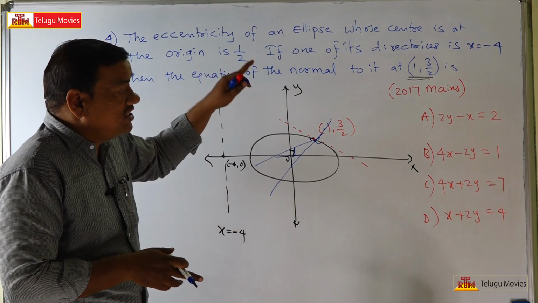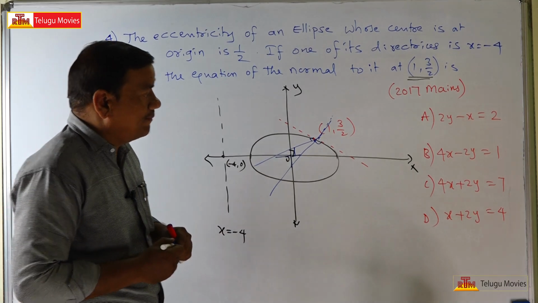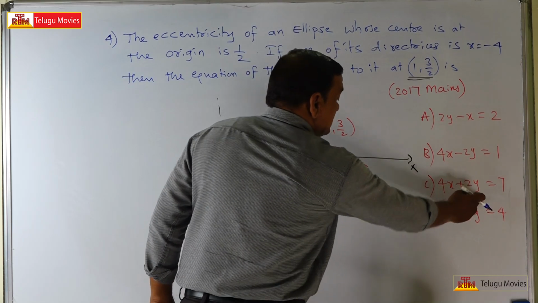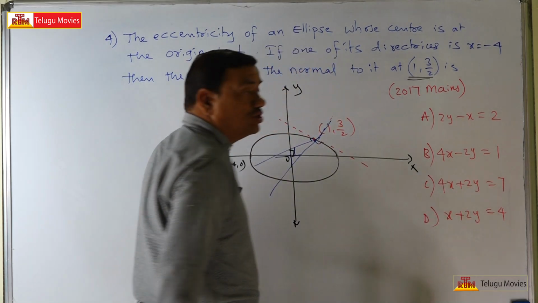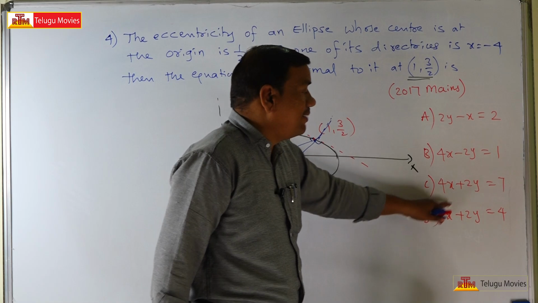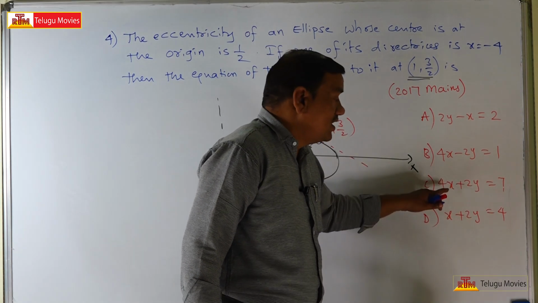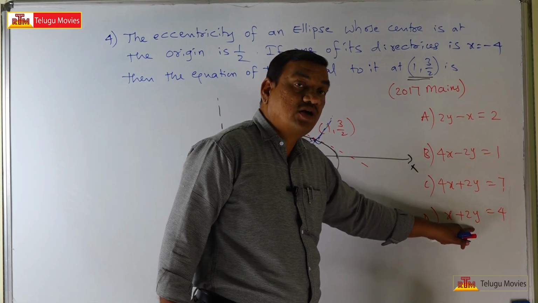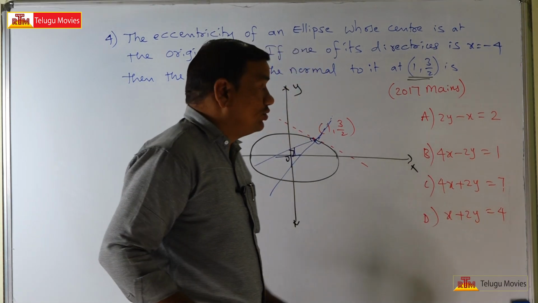If you see the options C and D, here both x and y intercepts are positive. Convert into the x by a plus y by b equals one form: the x-intercept is positive, the y-intercept is also positive.